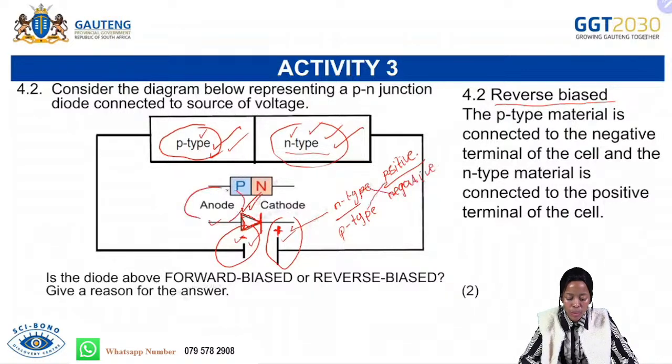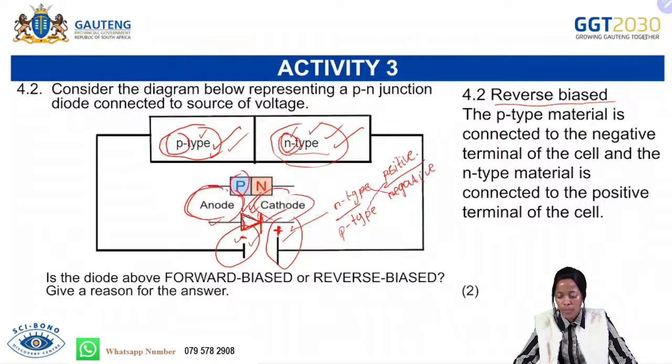So in case you have to label, the p-type, which is pointing, we call it the anode. And the n-type, which is not pointing because it's a line, we call it the cathode. So just make sure that when you go for the examinations, you are able to remind yourself of that diagram.